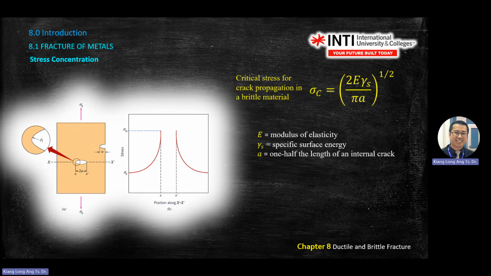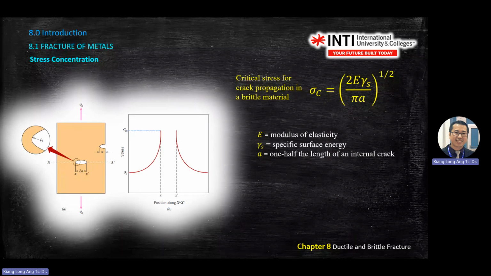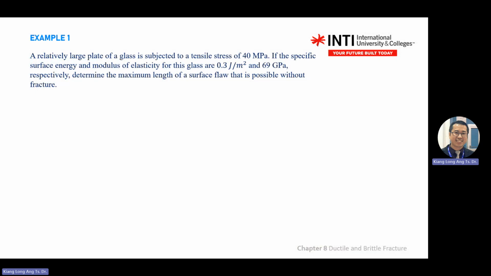Okay, brittle is given. So you have crack propagation stress, maximum stress, and KT. KT is the stress concentration ratio, which is sigma m divided by sigma 0. It's a ratio. So you look at how the question asks.